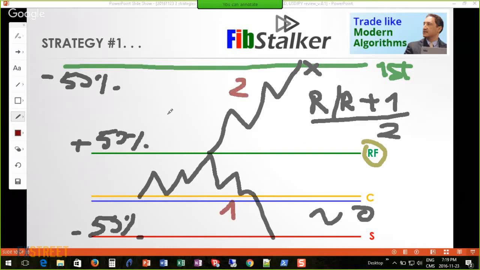So why is this profit-taking strategy actually important? Because by taking half of the position out when the market gets to the risk-free level, we can let this market move as it wants.